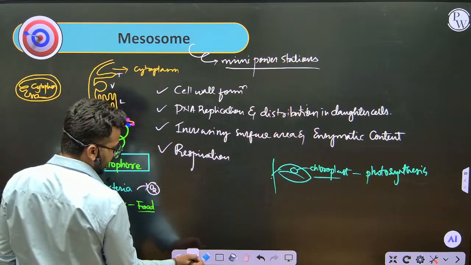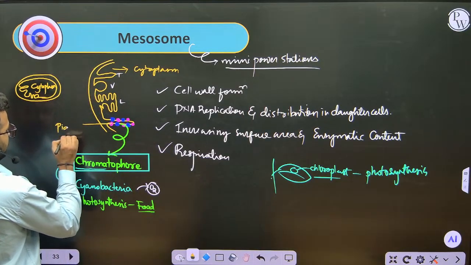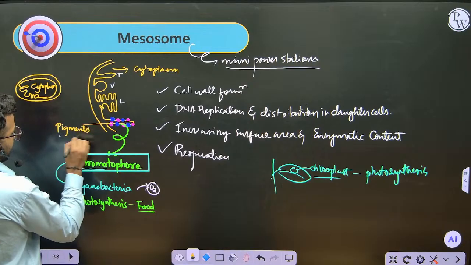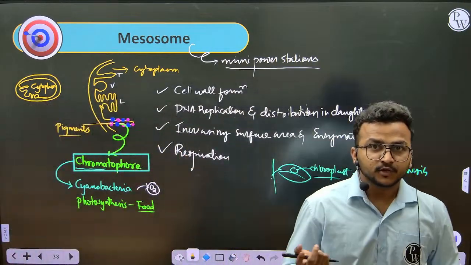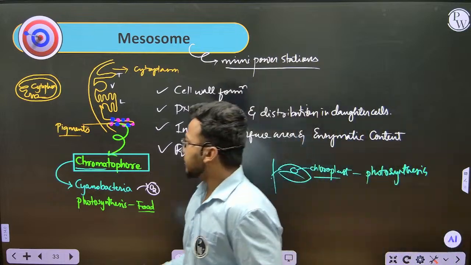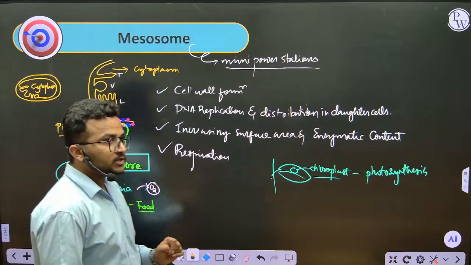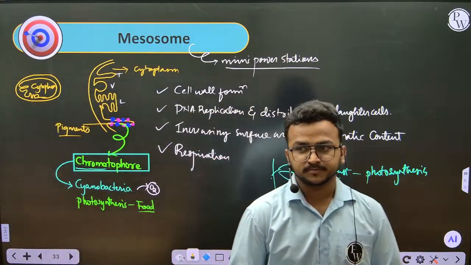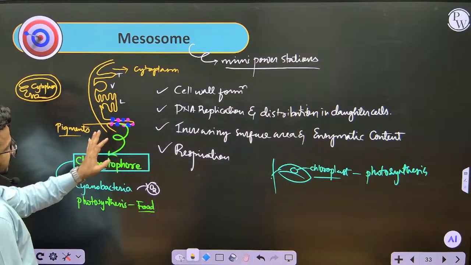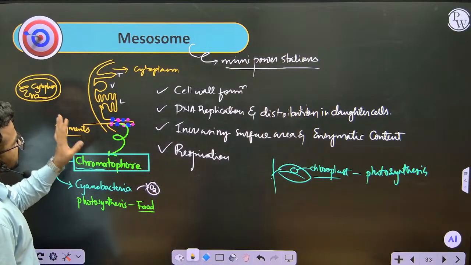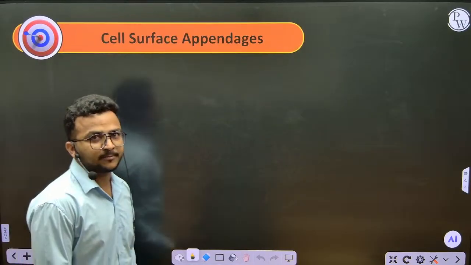It contains pigments here. So these are pigments. It is about the enfoldings towards the cytoplasm of the cell membrane of mesosome, and how they are given. If you see in the NCERT lines, you can get all this information. So it is about the cyanobacteria, and next we will be seeing about the cell surface appendages.